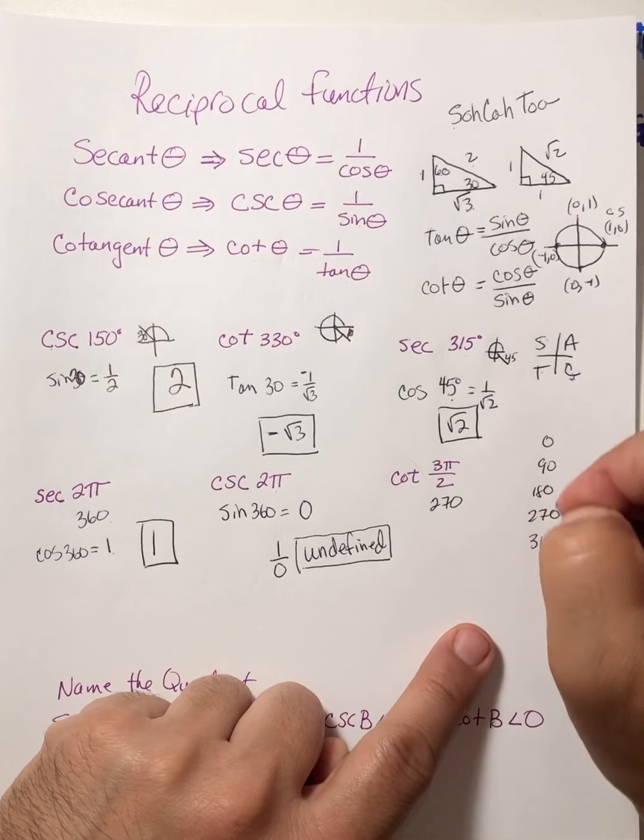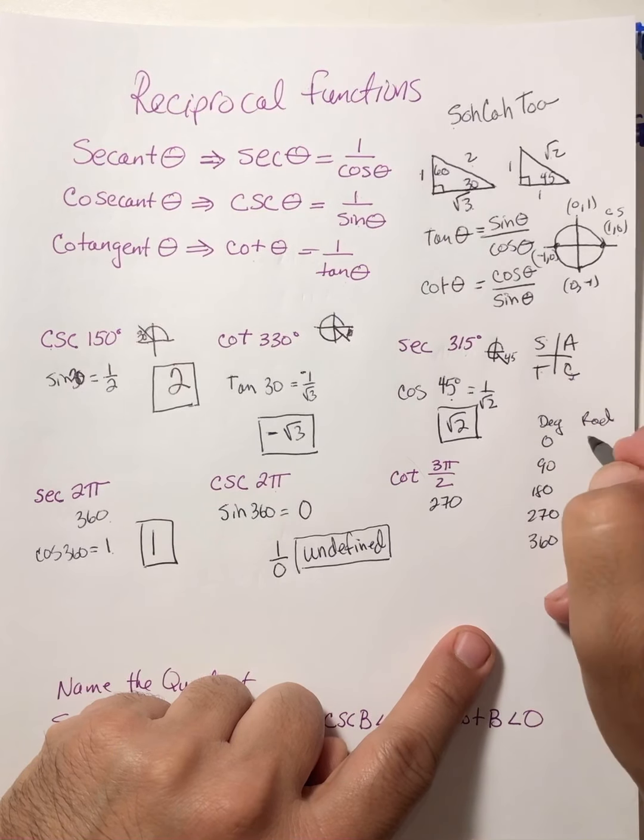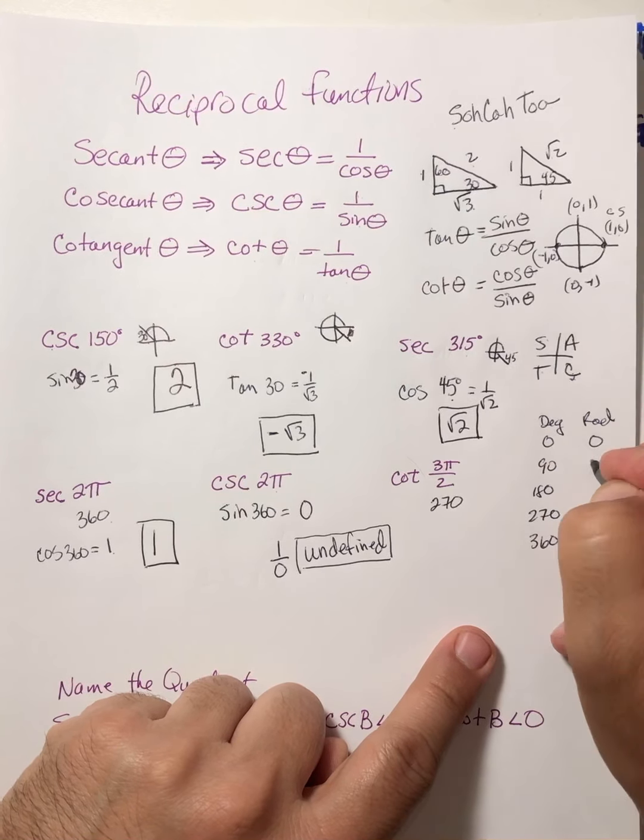That's degrees. In terms of radian measures, 0, pi over 2, pi, 3 pi over 2, 2 pi. Folks, all you're doing is counting by halves. A half, 1, 1 and 1/2, or 1.5 pi, and then 2. Okay?